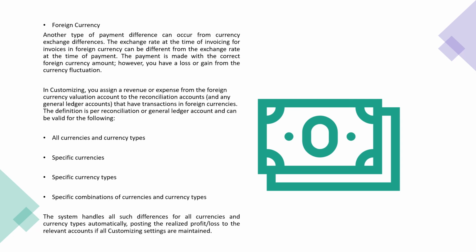The definition is per reconciliation general ledger account and can be valid for all currencies and currency types, a specific currency type, or a specific combination of currency and currency type. The system handles all such differences for all currencies and currency types automatically, posting the realized profit or loss to the relevant account if all customized settings are maintained.